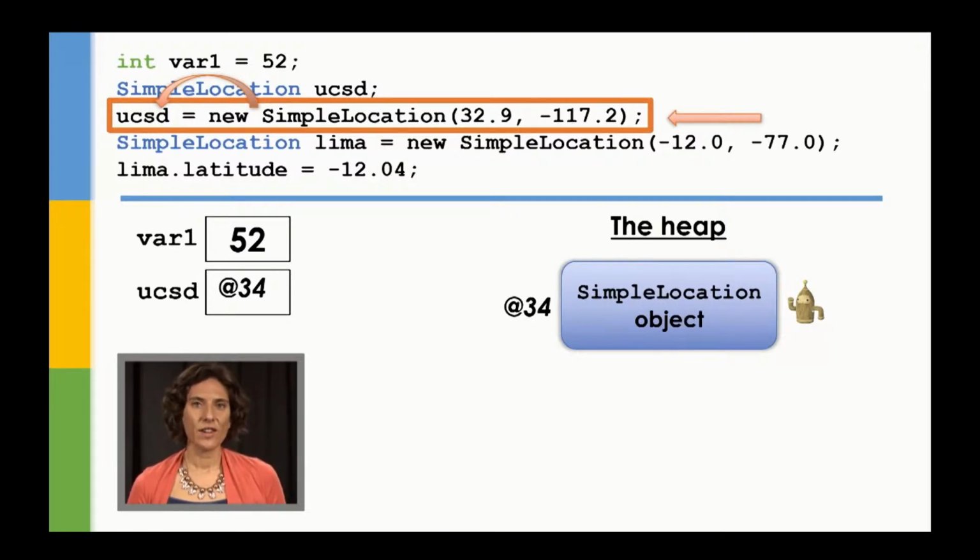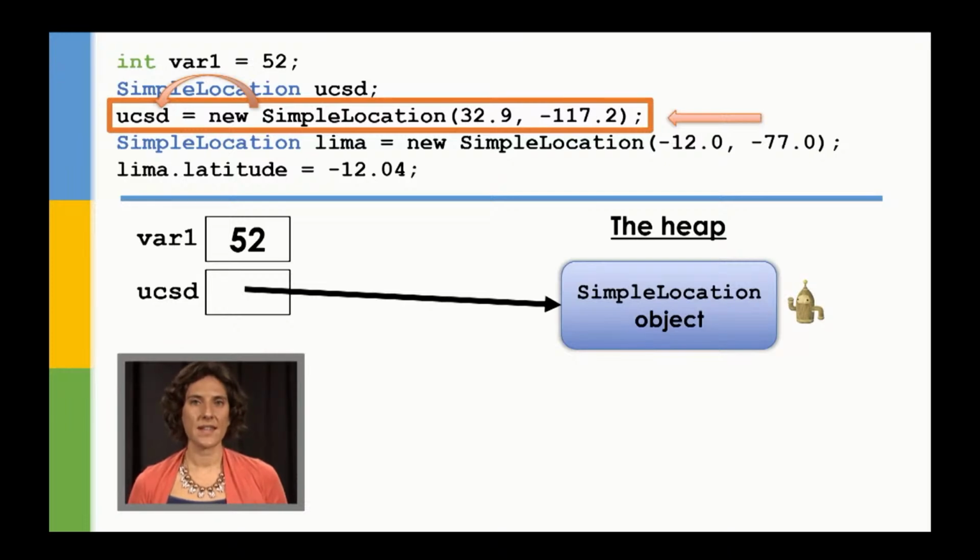Now, I said 34 is just a made-up number. I don't necessarily know that this simple location object exists at location 34. So typically in my memory model diagrams, rather than making up arbitrary locations for all of my objects, I'm going to draw an arrow from the box for the variable UCSD to the object that's created in the heap.